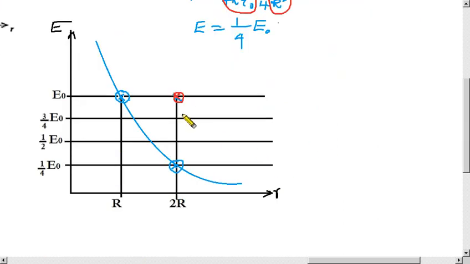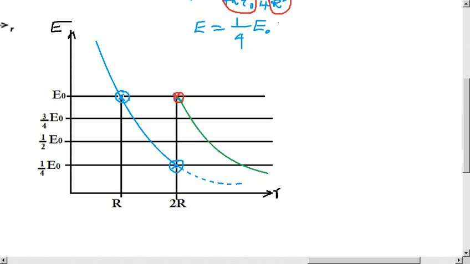So beyond that, the shape is like this. Now this part is not valid, because this part is valid only if this center charge is alone there, but there are two charges. So now the final field intensity is this green line.